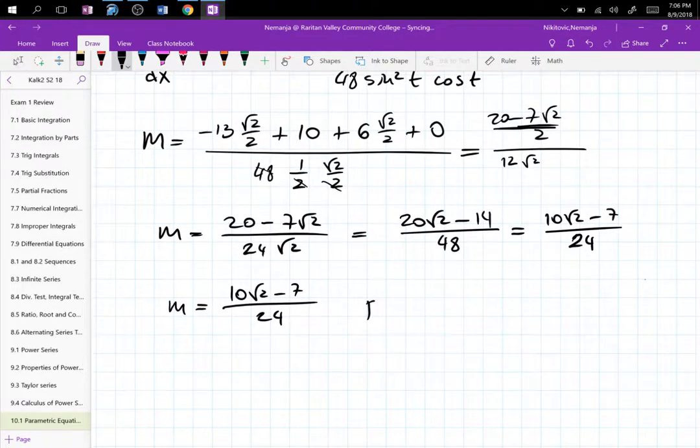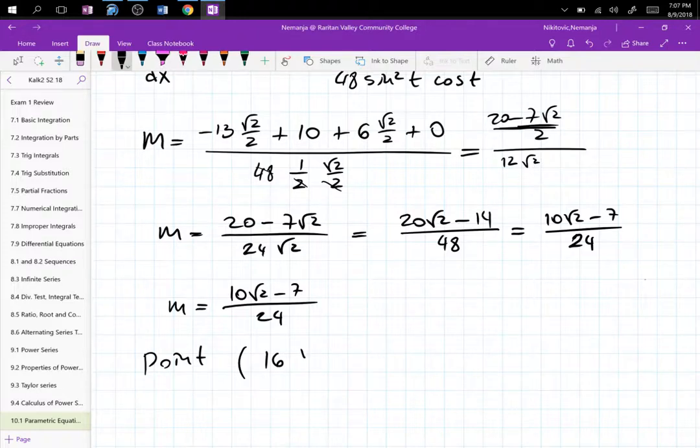Now for the point, we take pi over 4 and plug into the equation for x and the equation for y. So the point is 16 sine cubed of pi over 4. I can just compute everything at once so I don't have to write it 15 times.